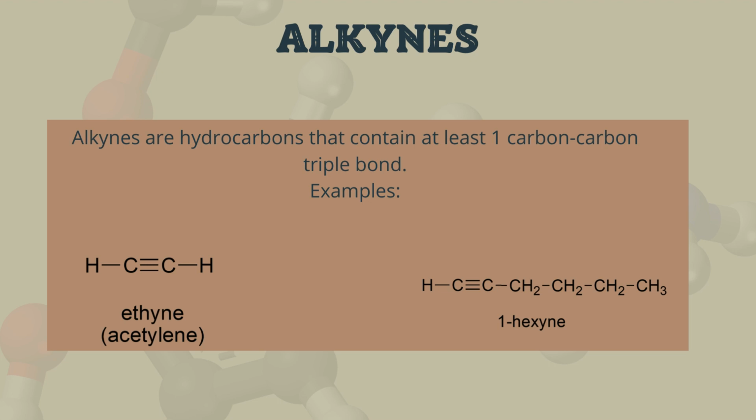ethane, ethane will have two carbon atoms, right? But because they are single bonded, each of these carbons can have three hydrogen atoms, making a total of 6 hydrogen atoms. But moving to alkenes now, because they are double bonded, an ethene will have each carbon with 2 of these hydrogens.